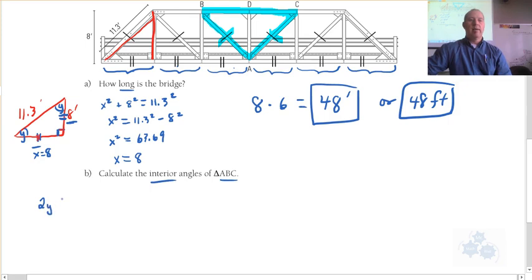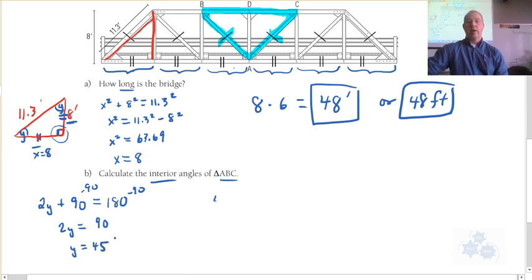We have 2y plus 90 equals 180. Because this is an isosceles triangle, I know that each of these are the same. So 2y is going to equal 90 when we subtract 90 from both sides. And y is going to be 45 degrees. So we got 45 degrees, 45 degrees, and 90 degrees.